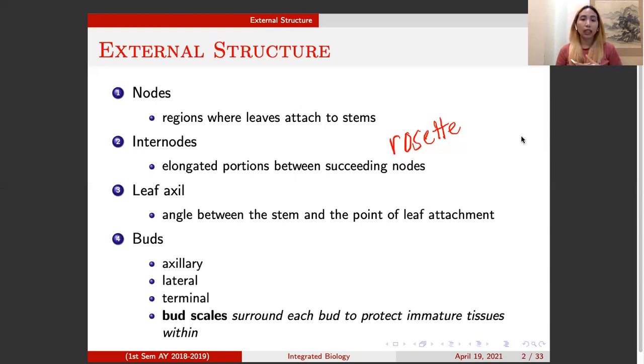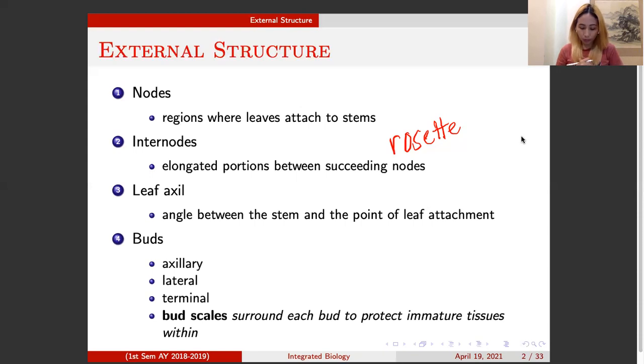Now, all these buds are covered by bud scales. So bud scales are protective in nature. They surround the buds to protect the growing tissue, or the growing organs, within the buds, or inside of those buds.